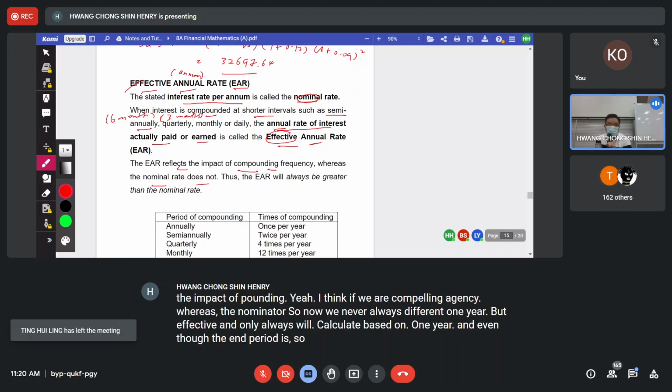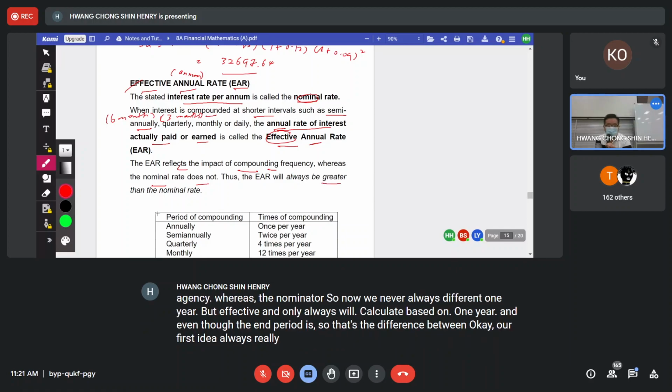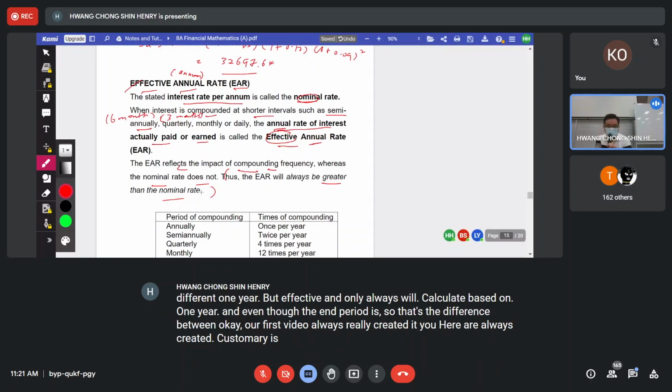So that's the difference between nominal rate and effective interest rate. Okay, now thus the EAR will always be greater than the nominal rate. Because nominal rate is always for 1 year, but for the EAR, the impact depends on the compounding.